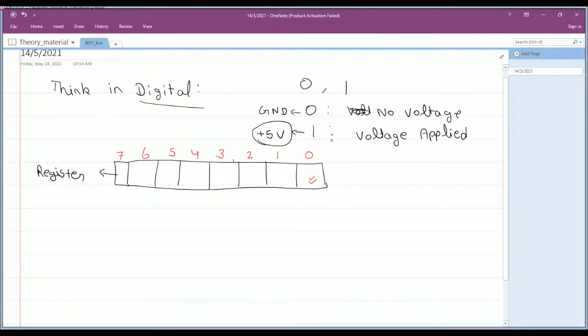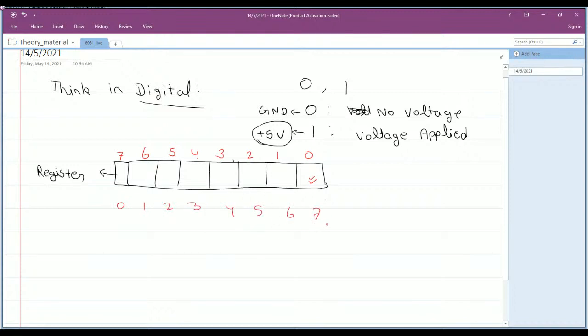Right now I am using a notation where the numbering of these bits runs from right to left. It could be the other way around in some different notations. So this indexing could be different for different kinds of microcontrollers, and for the 8051 microcontroller we use this kind of indexing: 0, 1, 2, 3, 4, 5, 6, and 7.